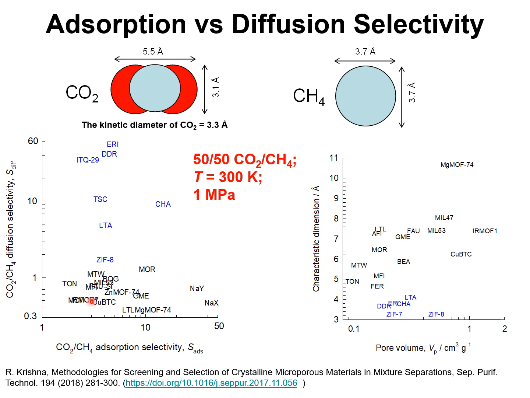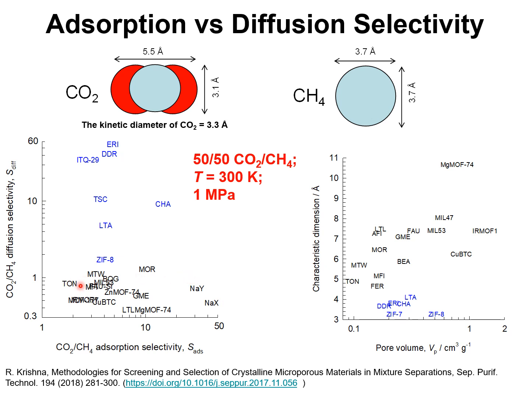We note there appear to be two classes of materials. The materials that are indicated in blue here, ZIF-8, chabazite, ERI, DDR zeolite, ITQ-29, LTA zeolite, they all have diffusion selectivities larger than unity.